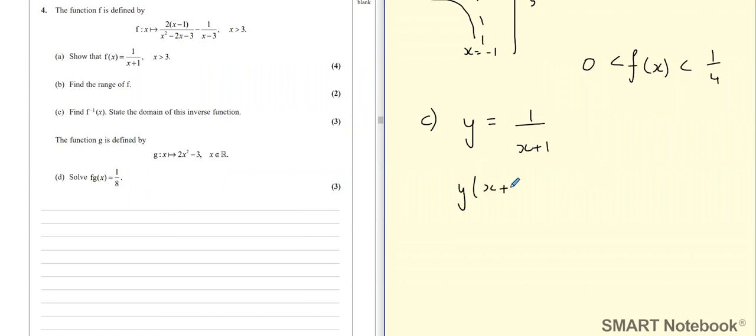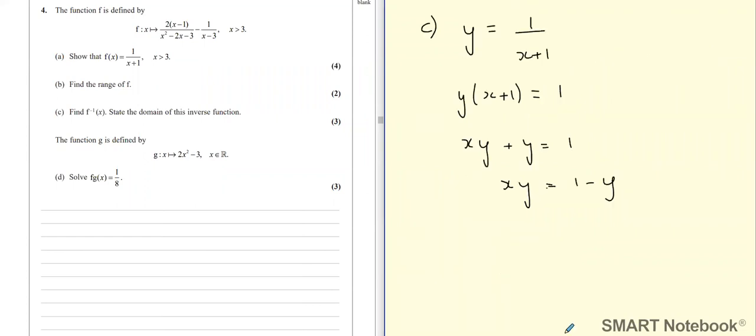So y times x plus 1 equals 1, xy plus y equals 1, xy equals 1 minus y, and x equals 1 minus y over y. And then we said we'll replace x with inverse of f of x and replace y with x. So here we go. That's that done there.